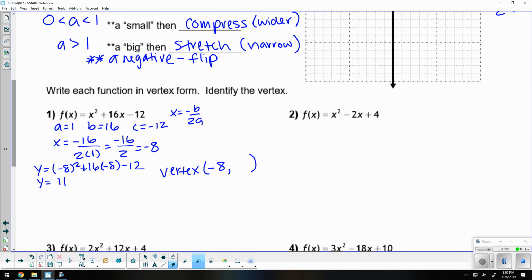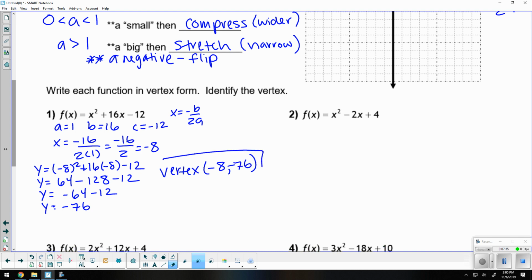So we get positive 64, and then 16 times -8 is going to be negative 128, minus 12. So 64 minus 128, that's -64 minus 12, and -64 minus 12, you get -76. That's the y. So we got the x-coordinate, we got the y-coordinate, this would be my vertex.